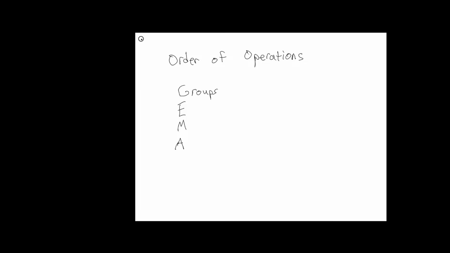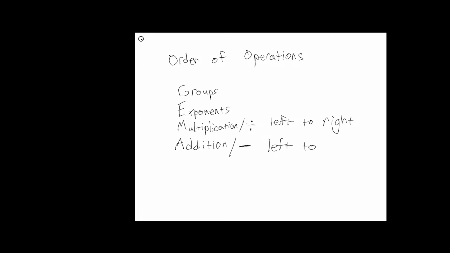But ours is groups, exponents, multiplication, division, addition, and subtraction. And this is left to right, left to right.